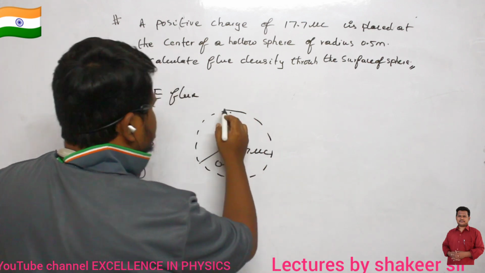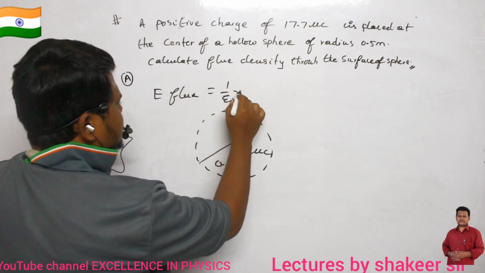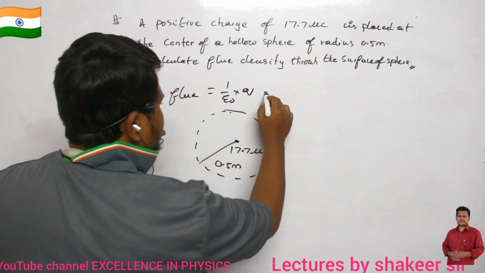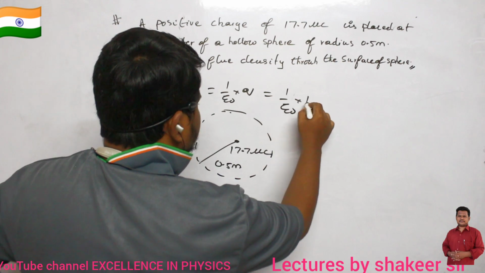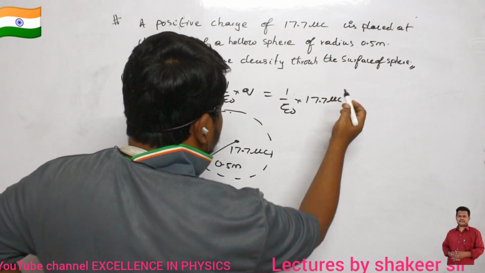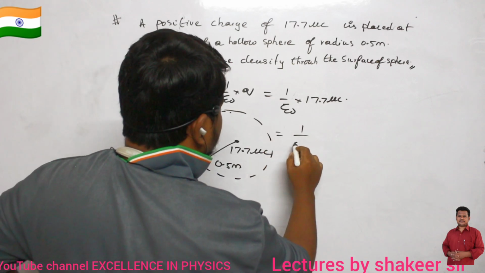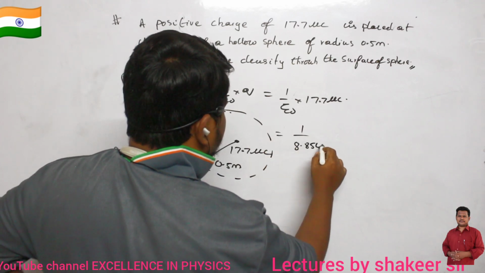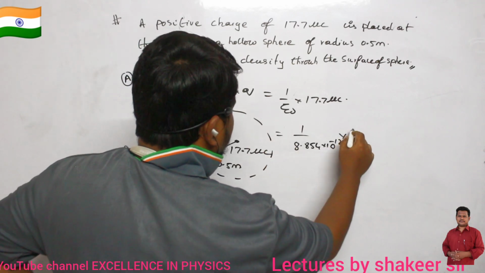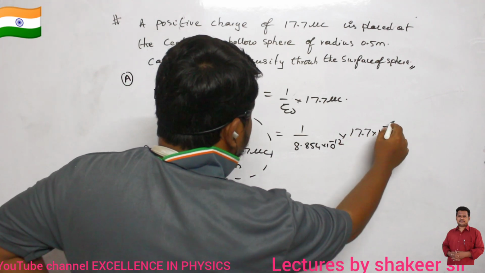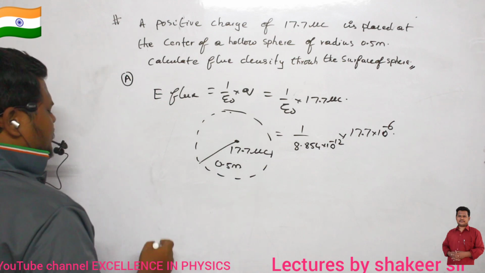Then what is the flux which is coming out? 1 by epsilon naught times the charge enclosed by this Gaussian surface. So therefore 1 by epsilon naught into the charge, 17.7 microcoulombs. So this is the amount of flux. I can write 1 by 8.854 into 10 power minus 12 multiplied by 17.7, and micro means 10 power minus 6 coulombs. Clear?